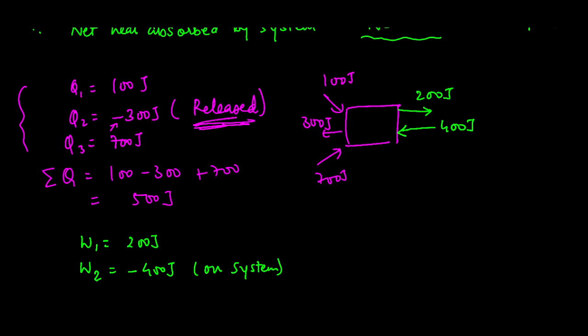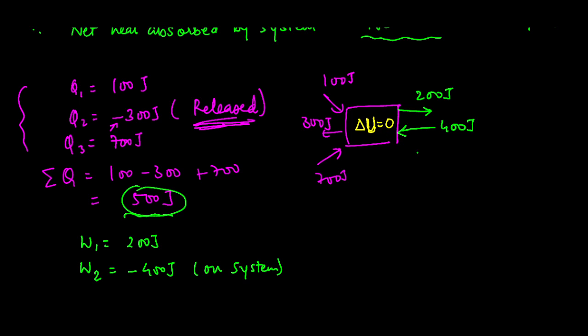And now we know that delta U should be 0. Now seeing this you will get the idea: 100 absorbed, 300 given, 700 absorbed, so net absorbed 500. Now how much here? 200 used, 400 gained. So net absorbed is 500, so net going out should also be 500.